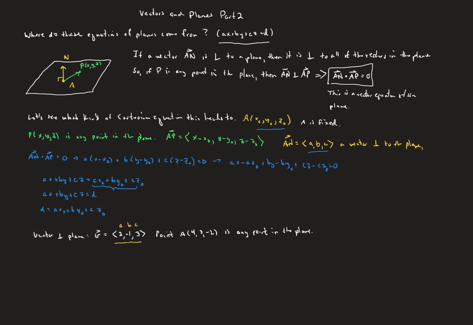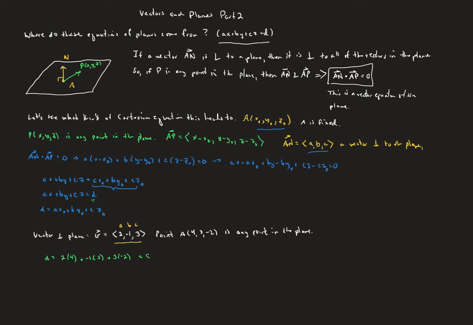And we know that the d that we're looking for is going to come from the 2 from the a times the 4 in that point A, plus negative 1 from our normal vector times 3, which is the y-coordinate of that point in the plane, and then plus 3 times negative 2, the z-coordinate of that point in the plane.